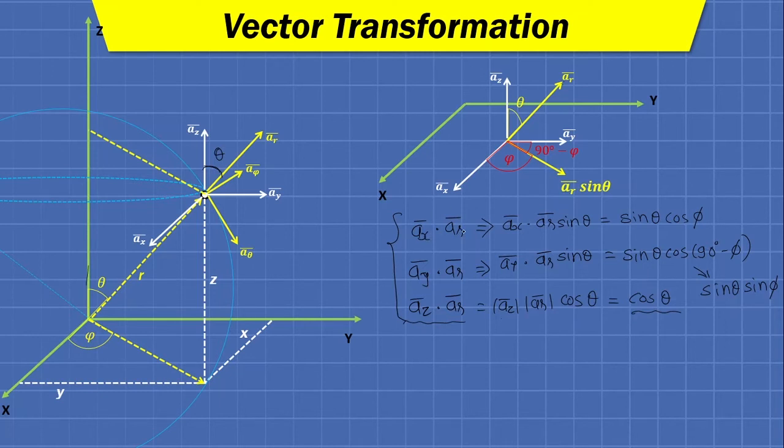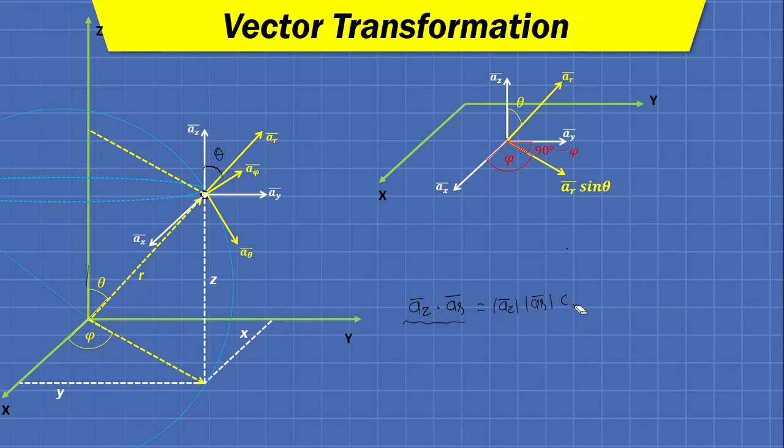Now to calculate the second three dot products, that is ax bar dot a theta bar, ay bar dot a theta bar, and az bar dot a theta bar. For that, we know that a theta is not normal to the xy plane, so we will take the projection of a theta bar on the horizontal plane for ease of calculation.